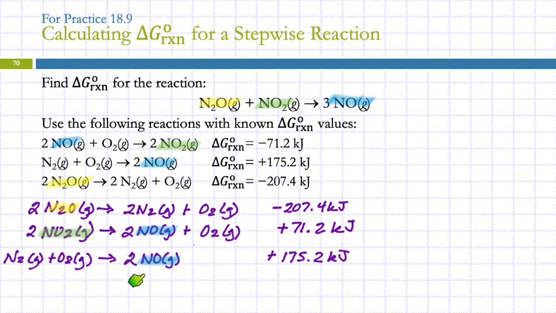So I've got 2 oxygens over here and 2 nitrogens. And this is twice as big as it needs to be, and that's twice as big as it needs to be. So how about we divide both of these by 2 so that the coefficients on these guys are correct.